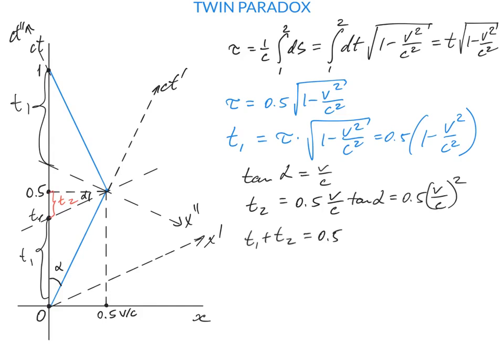So let's take 0.5 outside: 1 minus v squared over c squared, plus T2, but T2 is 0.5 v squared over c squared, so we simply add v squared over c squared, these two cancel, and we have 0.5, which is the correct result, the actual time that has elapsed according to Bob's clock. So there is no paradox.